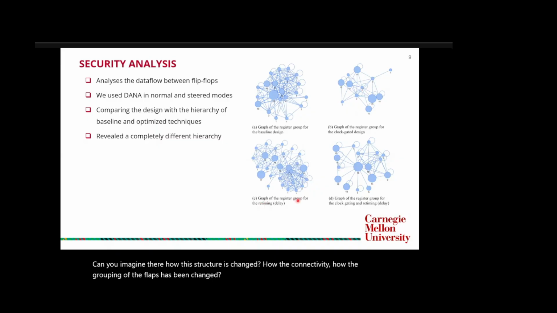And similar is the case for retiming delay, and then we combine that with one of the techniques, and what happens with this one, we get a very different type of structure. So we can see that when we use these optimizing techniques, we can actually interact with the structure, and we can try to see if we can get a different structure, right?